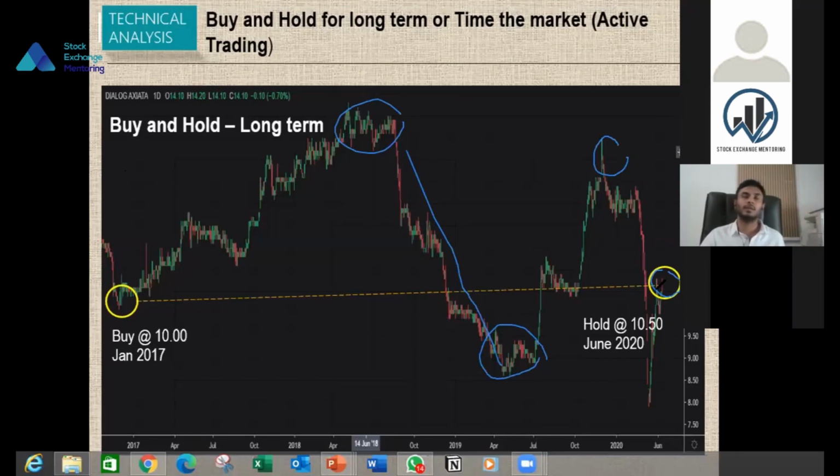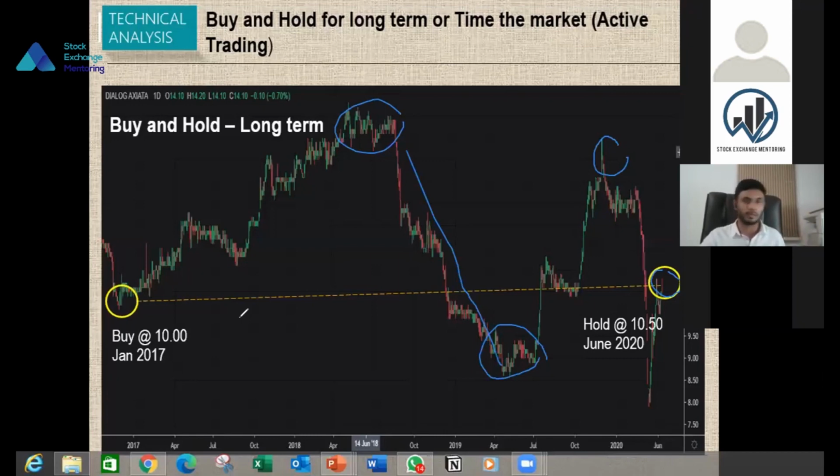But after almost 3 years, you are at the same level, right? Except for the dividend returns, the capital gain is nothing much. So this gives you a huge opportunity cost, and with the time value of money, you are in fact losing. So to avoid this, for some stocks you can't use this kind of buy and hold strategy.